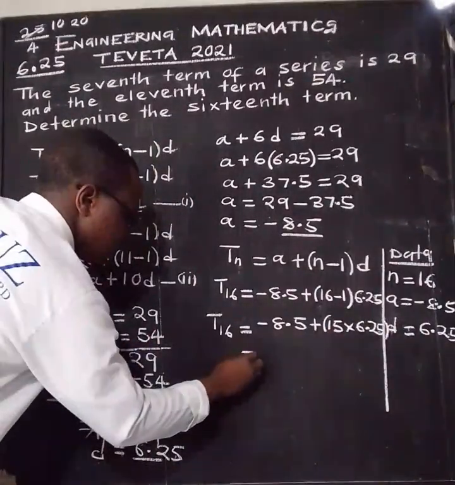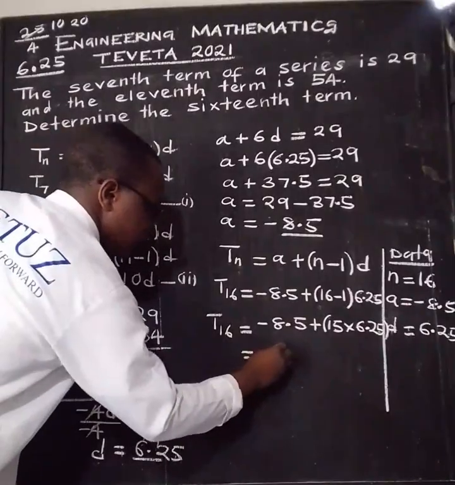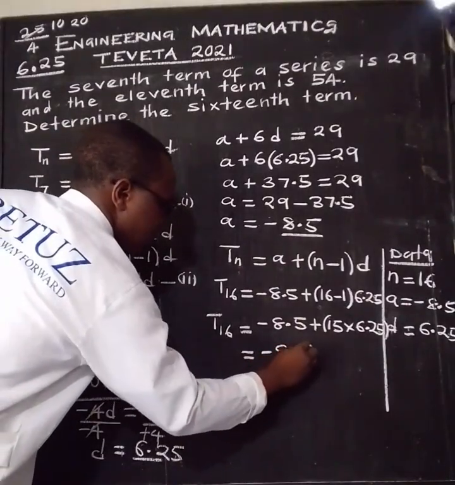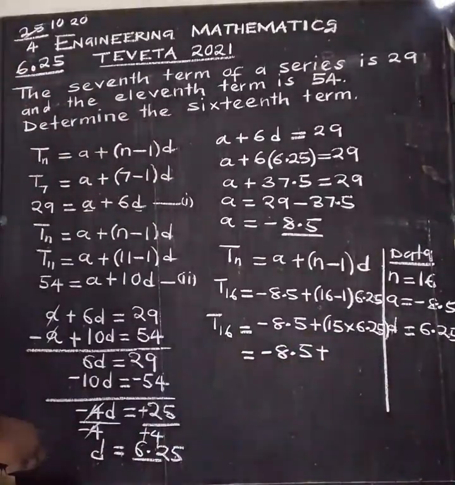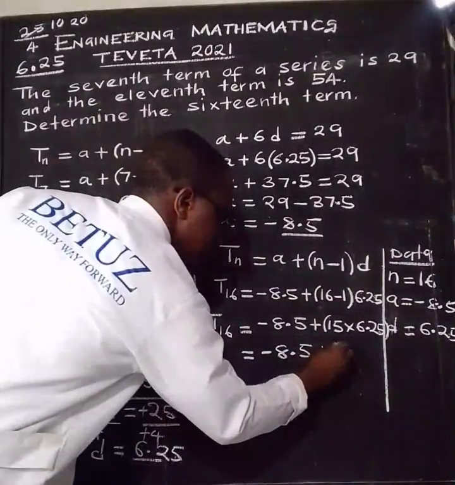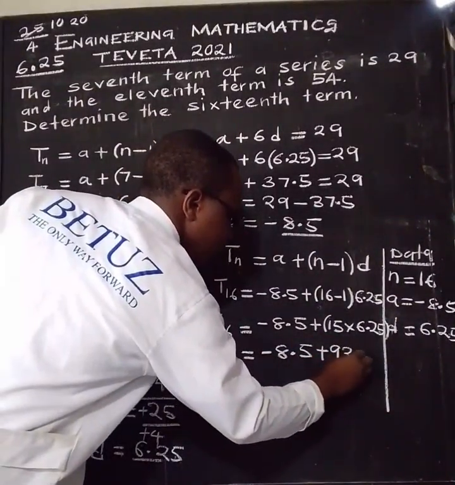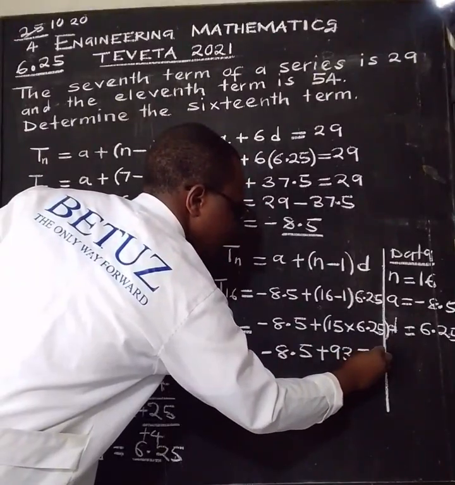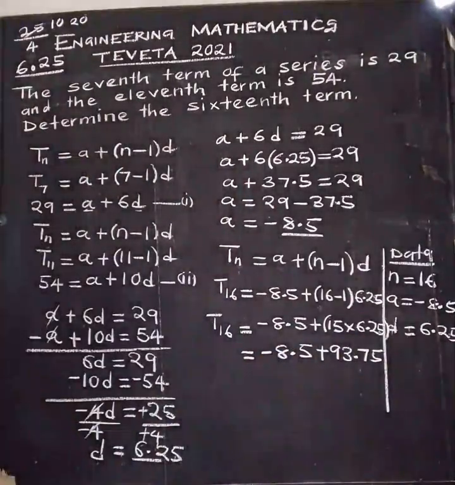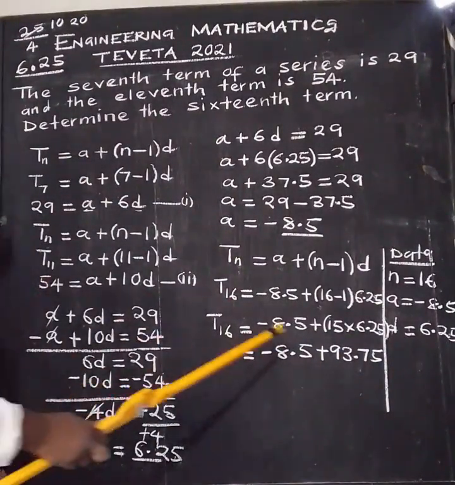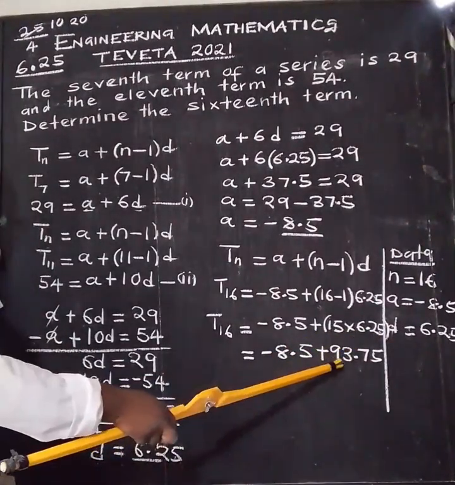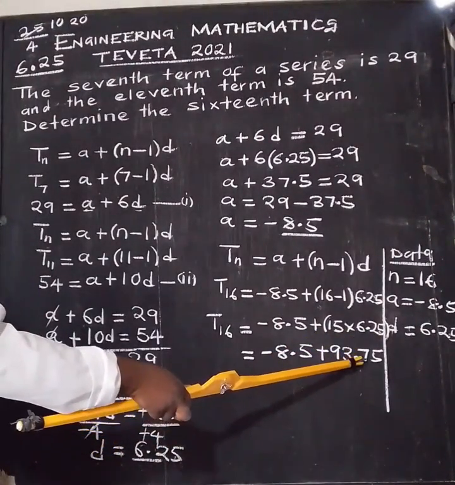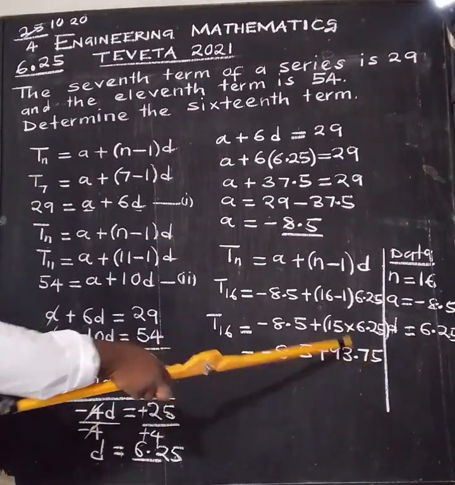So you can move on and say negative 8.5 plus, when you multiply 15 times 6.25, you get 93.75.